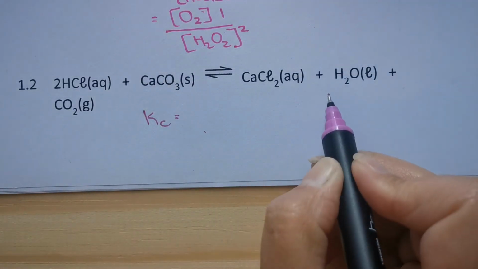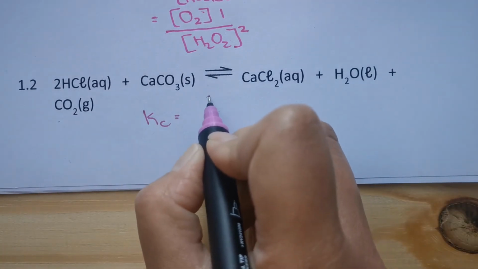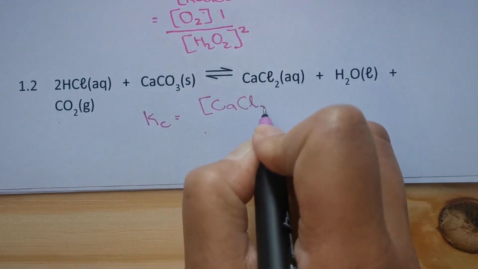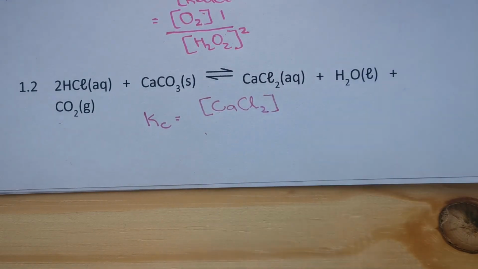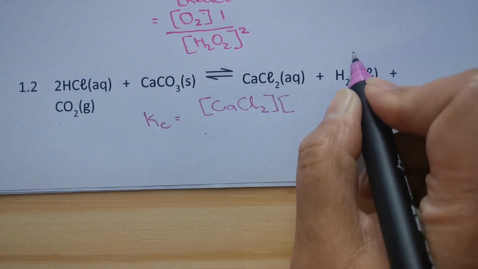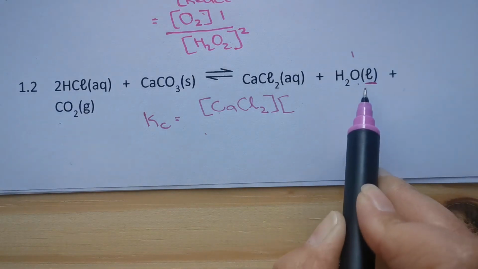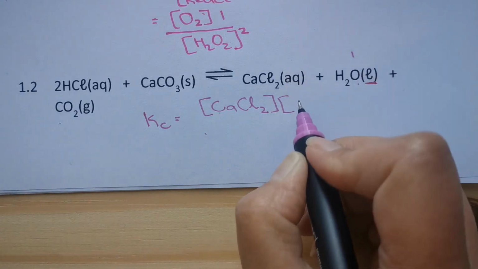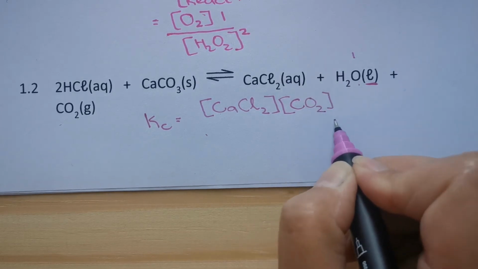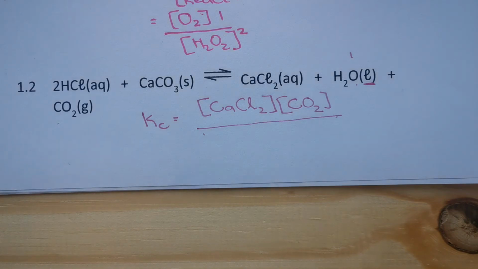Okay, so now I'm going to take the 3 products, and my 3 products mean that I have the concentration of the calcium chloride multiplied by the water, which is going to be 1, which means I'm not going to include it in the Kc expression. It's going to be 1 because it's a liquid. And I'm going to use the carbon dioxide, also raised to the power of the balanced equation number, which is 1.